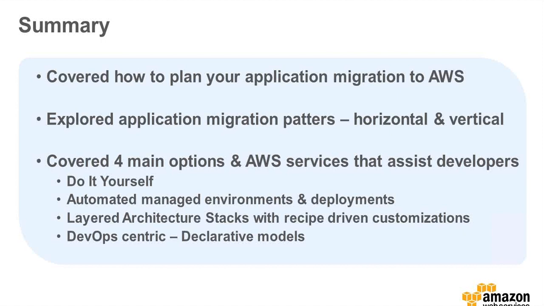You could certainly look for those and also bring them into your repertoire and library of recipes to further extend your application stacks. And finally, spent a bit of time on DevOps around using CloudFormation, where you can declaratively describe the entire data center down to the IP address and configuration of your machine. So I hope that's set the scene for potential opportunities for you to migrate to AWS.